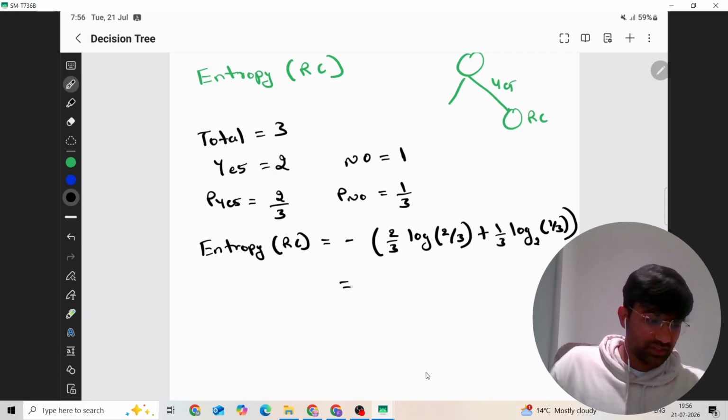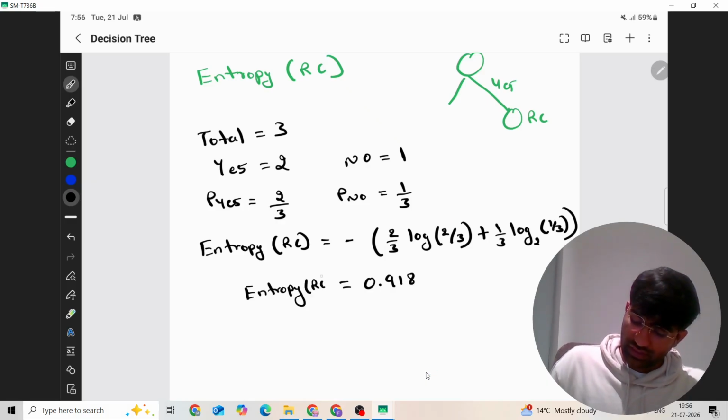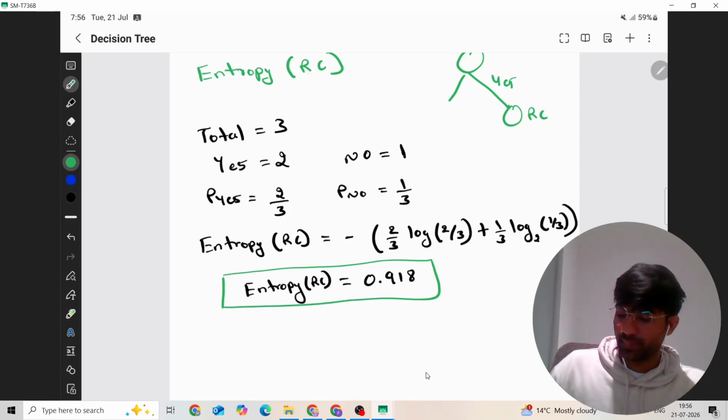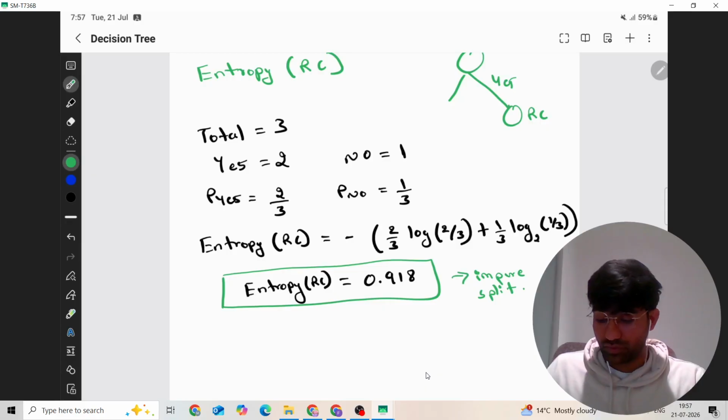If you make this calculation, we will get an entropy of 0.918 for the right child. This is an impure split because our entropy is near to 1.